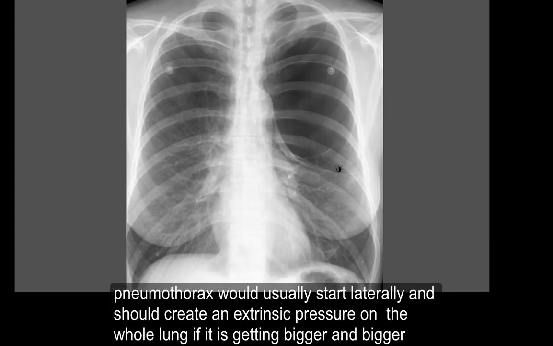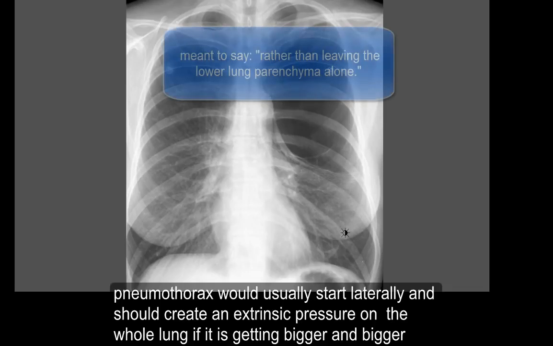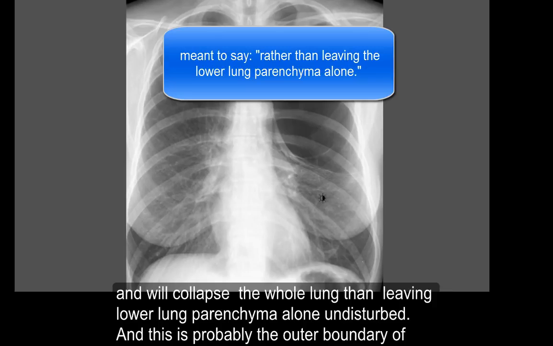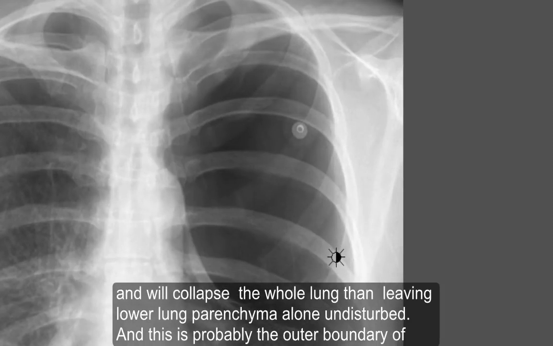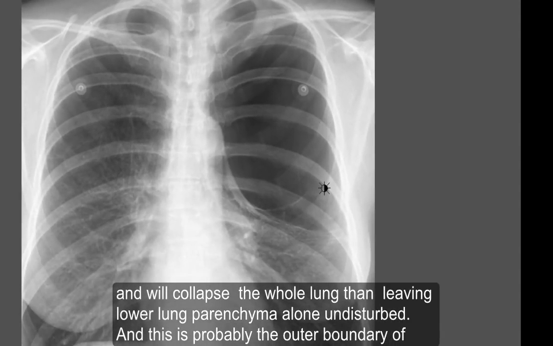Pneumothorax would normally start laterally and should create an extrinsic pressure on the whole lung if it is getting bigger and bigger, and will collapse the whole lung rather than the lower lung parenchyma alone, leaving it undisturbed. And this is probably the outer boundary of the bulla.